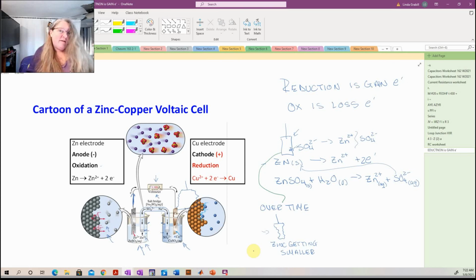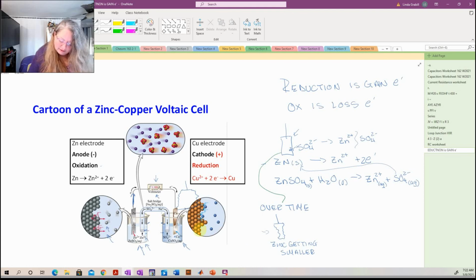If I don't have anything else to kick off into solution on the zinc side, it's coming to a halt. And if I have no ability to accept electrons and make more of my solid, everything's going to come to a halt. So these things do have a limited lifespan, and they are reversible, which is really cool. We'll talk about how you can do that.